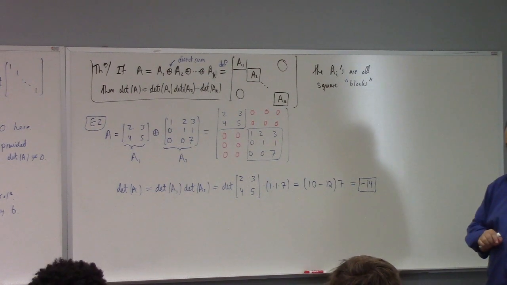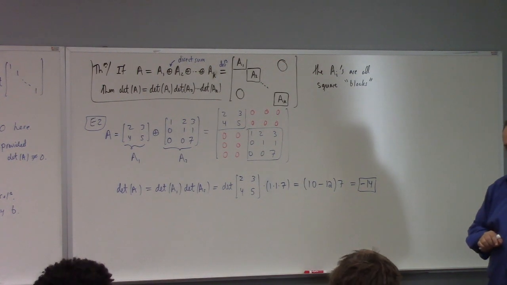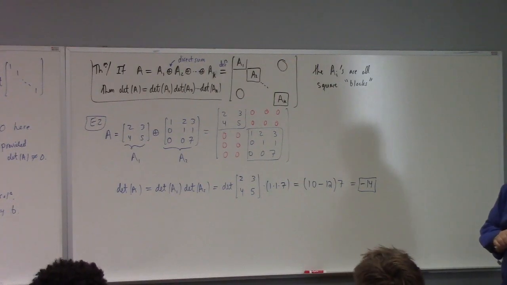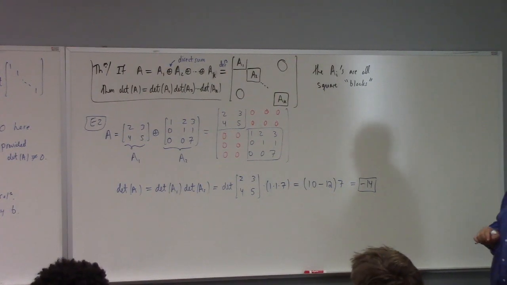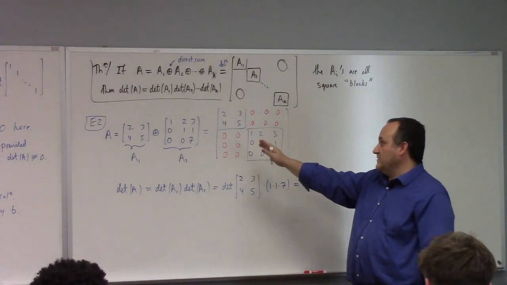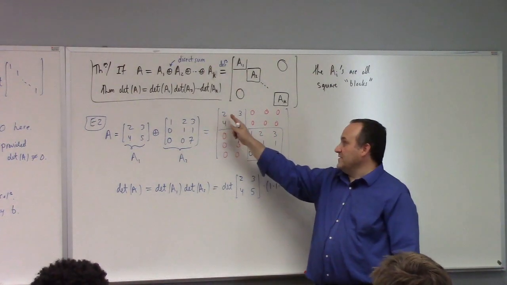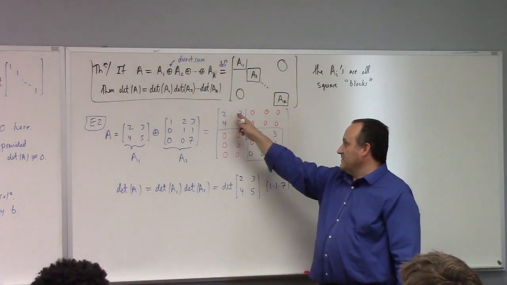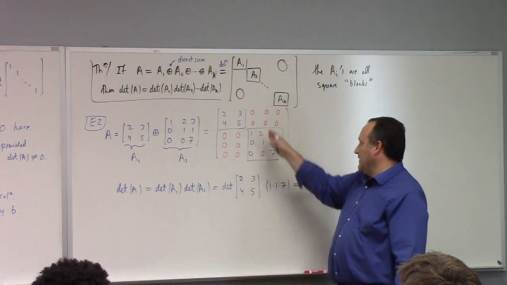Now, if you had used the technique that we started determinants with and tried to use expansion by minors, this example would be very bad. How many terms do you have to consider for a 5 by 5 matrix if you directly expand this? The way that would work is you would do 2 times the determinant of this 4 by 4 minus 3 times the determinant of this with all that.